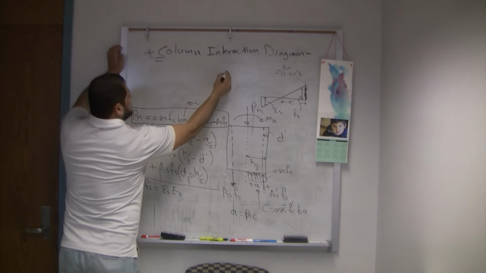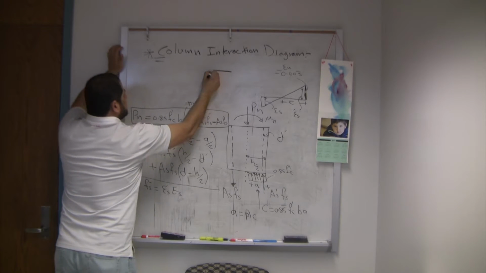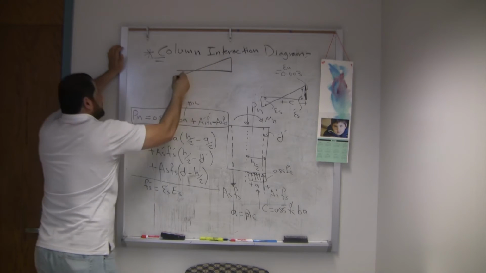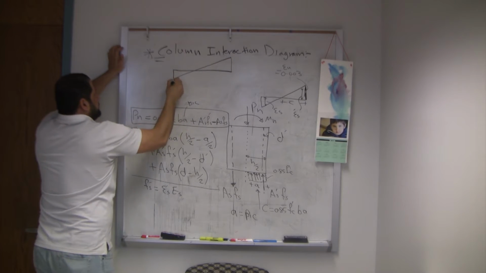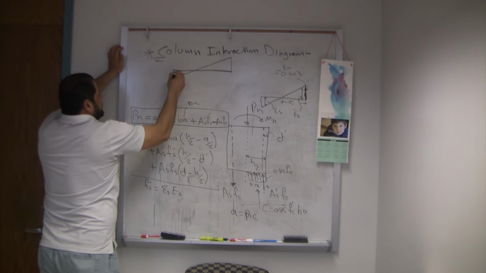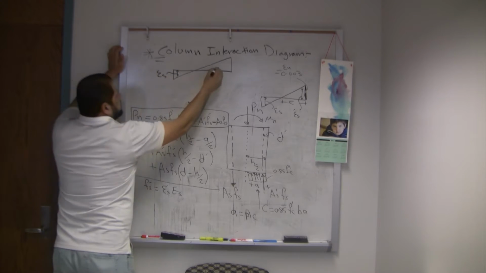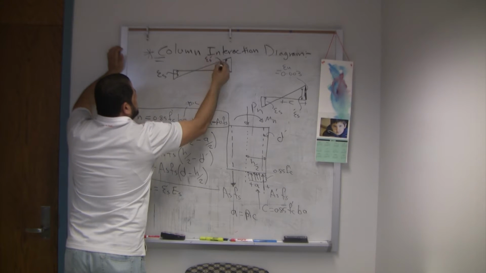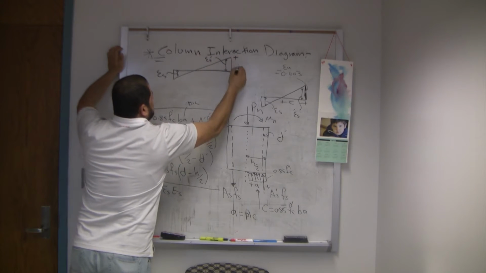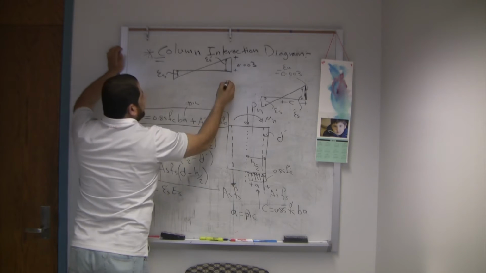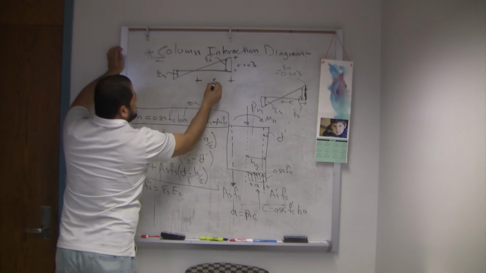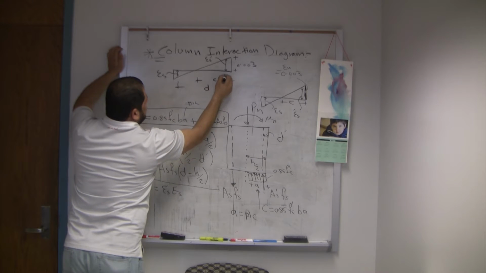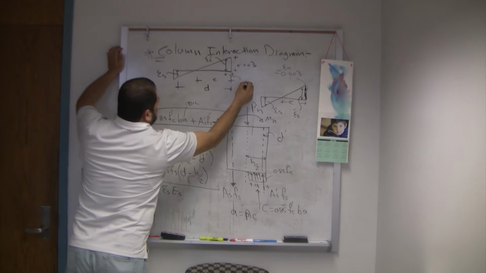Again, I'm going to clarify the strain distribution, just so you can see it better. This is epsilon s, this is epsilon s', and that is 0.003, and the distance from here to here is c, and the distance from here to here is d, and this is d'.